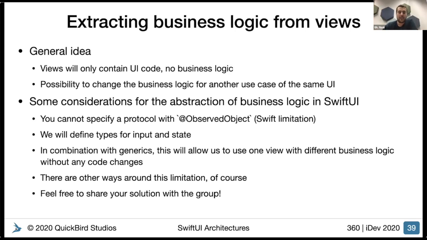In our case now, we will define types for an input and a state. The input being some kind of an action that should be performed, and the state being the state of the application at that moment. So in combination with generics, we will then use one view with different business logic without any code changes, but you will figure that out later on.